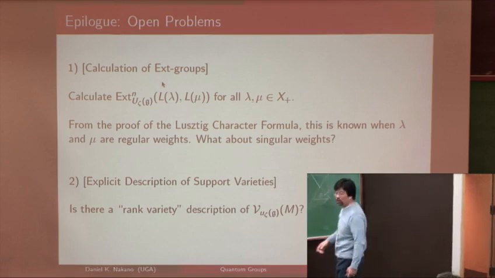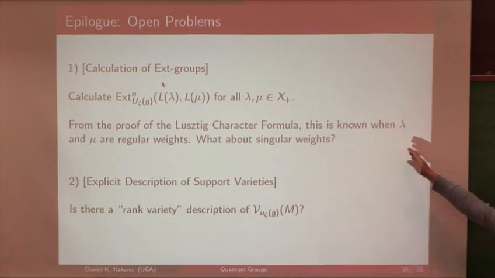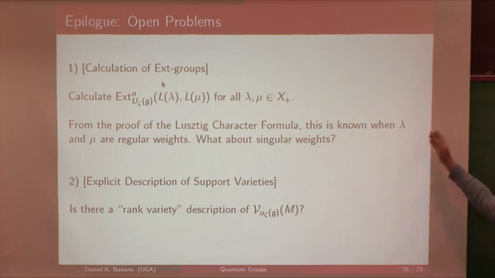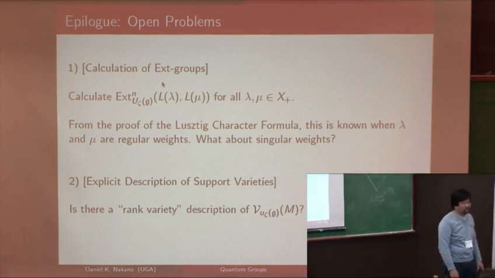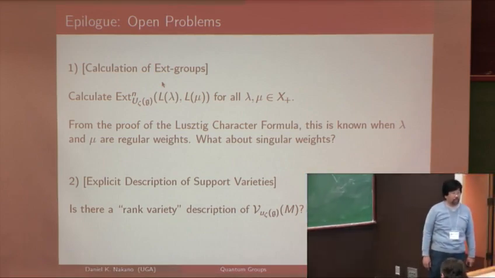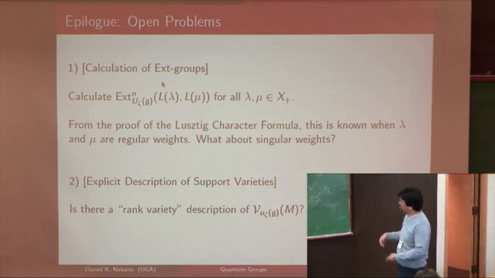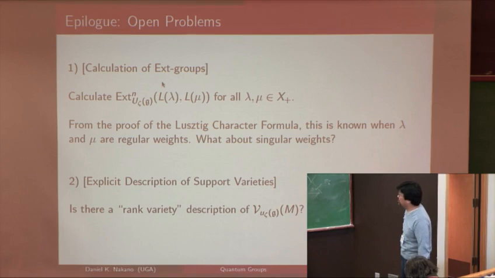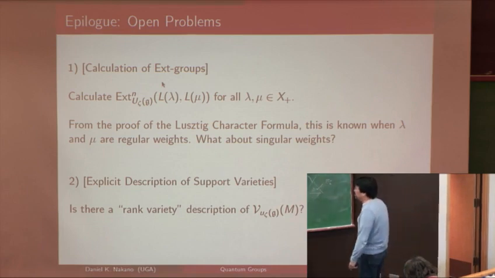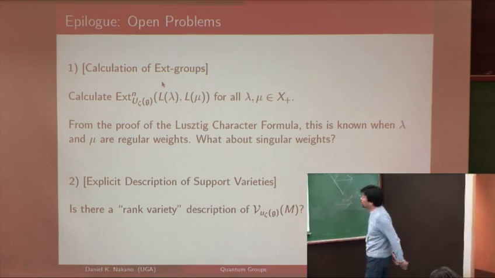So I believe it's still open when lambda and mu are singular. So when lambda and mu are on walls, what does this X look like? Also, what does the X look like when l is smaller than h? That's an open question too. So it would be really nice to be able to compute this or give some way of computing this using combinatorial techniques, maybe p-canonical basis, who knows.